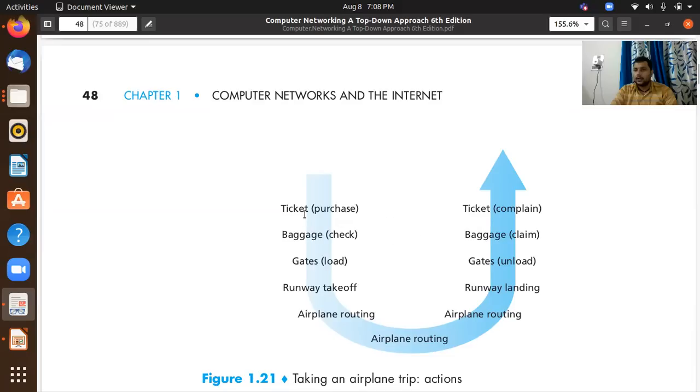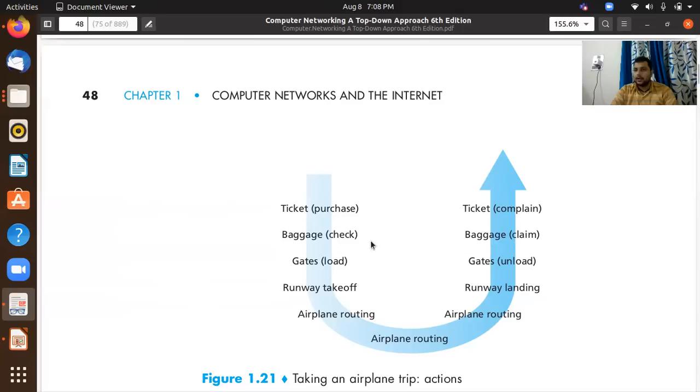You can see who was engaging with the person at the very first front: the ticket vendor. At the other end he is interacting with the same kind of person, and the interaction is only through that token, the ticket. So there is a sort of virtual communication going on between the sender end and the destination end.